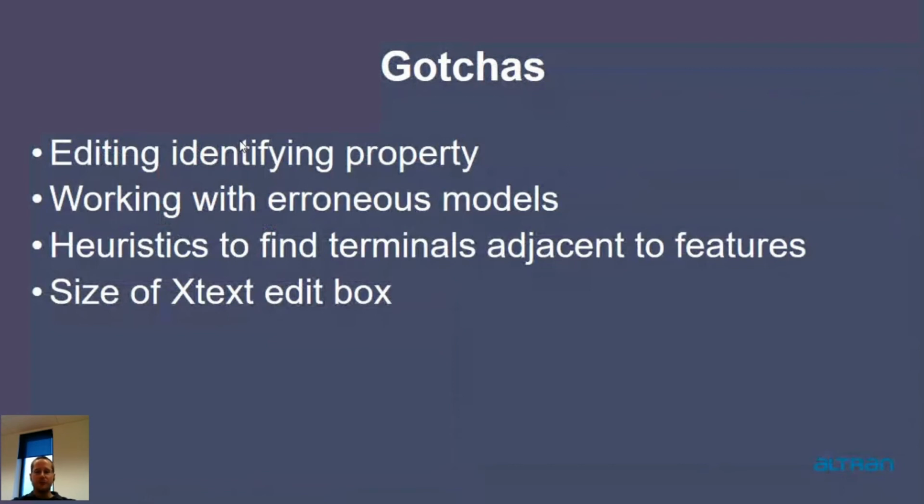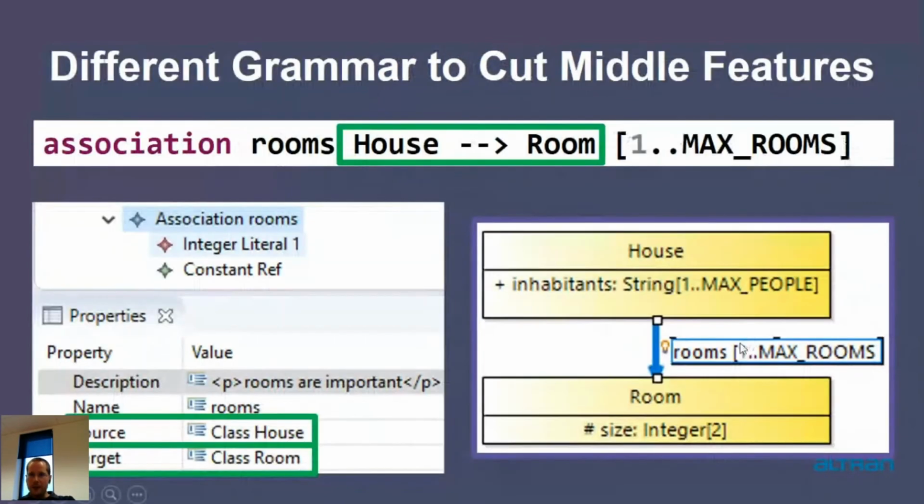One other issue you might have noticed, for example, if we look here in the text document, the cardinalities are enclosed by square brackets. If you look very closely, there's only the opening square bracket and the closing square bracket is not in here. The issue is that it's quite hard to figure out which of these terminals, in a grammar sense, should actually be displayed.